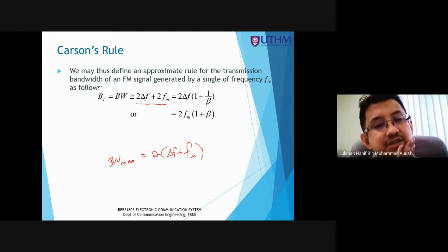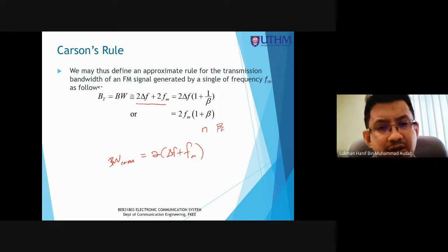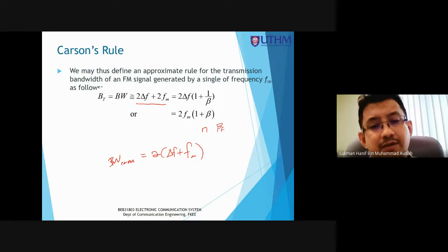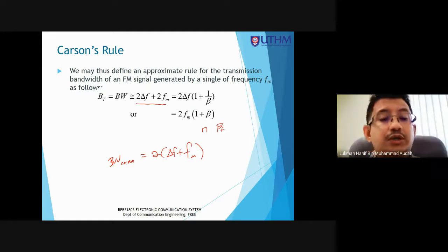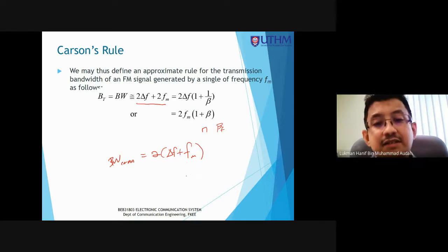So perhatikan di sini, dia tidak bergantung kepada nilai n. We don't need to find beta F as well. Beta F pun kita tak perlu cari. Kerana dia hanya berkaitan dengan delta F dan juga Fm. And you're going to see later that bandwidth by Carson is actually approximate bandwidth.